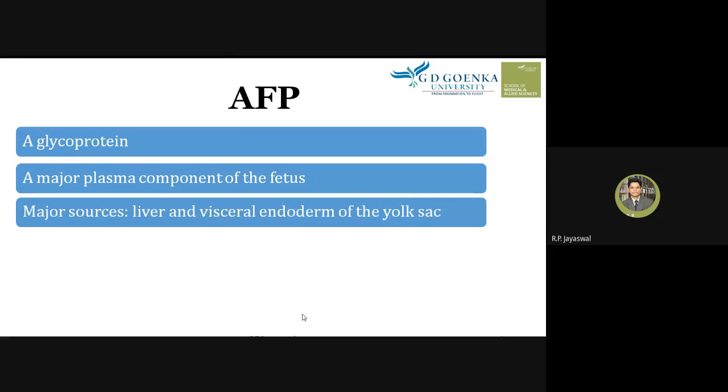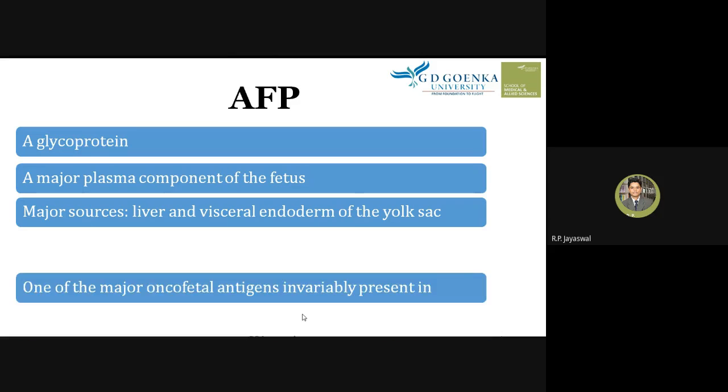The major source for this alpha fetoprotein is the liver and visceral endoderm of the yolk sac. It is synthesized in the fetal liver and visceral endoderm layer of the yolk sac. From there it comes into the blood, and from there we can estimate it.